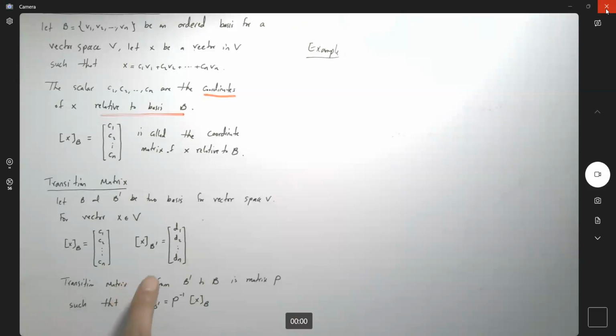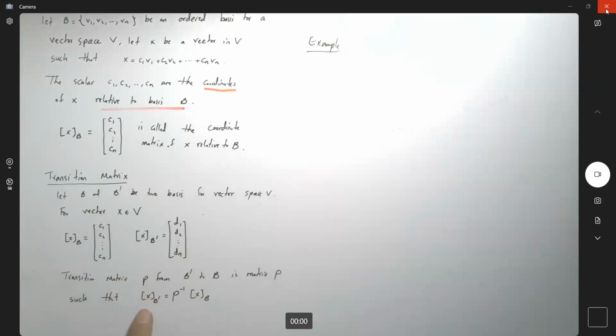This is going to be a matrix like P such that the coordinate matrix of x relative to B prime is the product of the inverse of that transition matrix by the coordinate matrix of x relative to B.